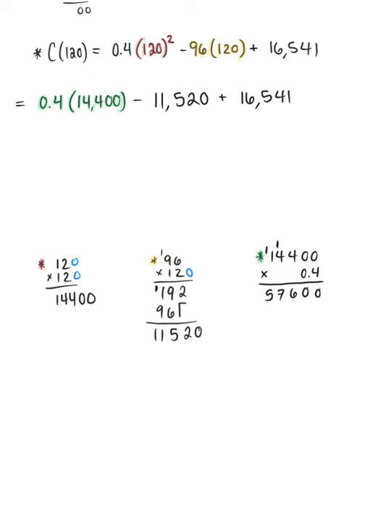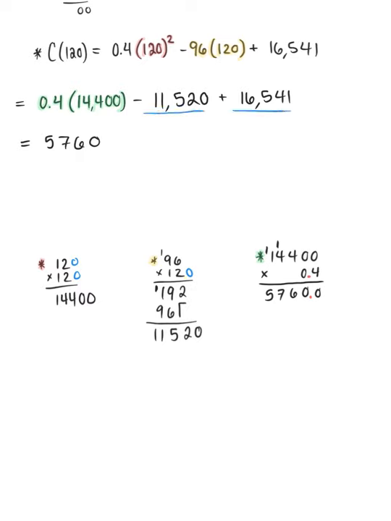Now because we have this decimal, we need to add the decimal to our expression below. So that product, 0.4 times 14,400, leaves us with 5,760.